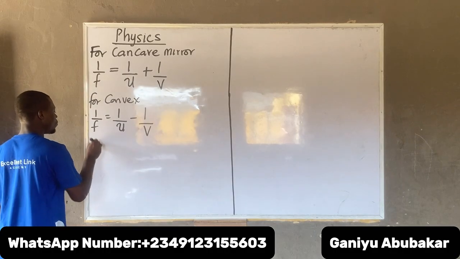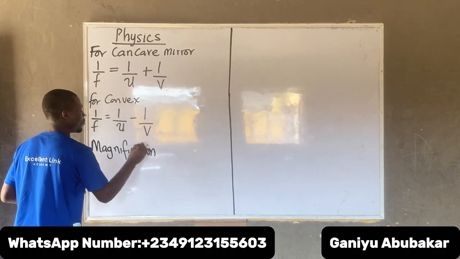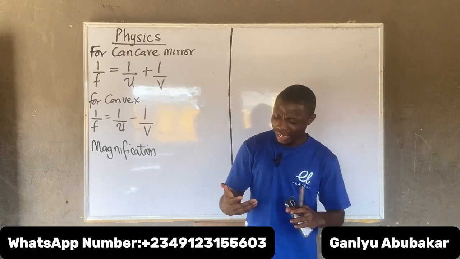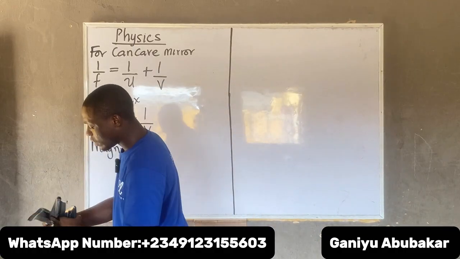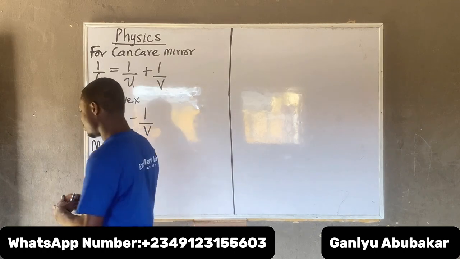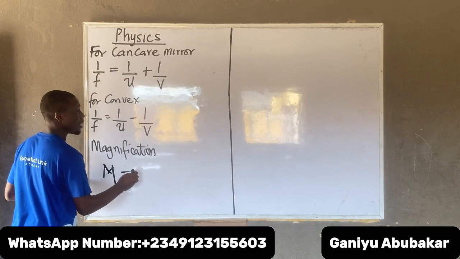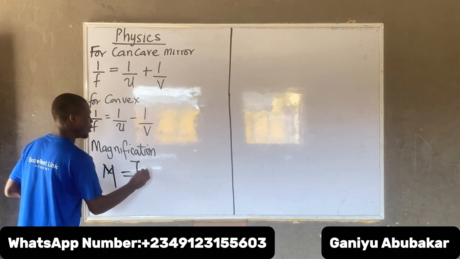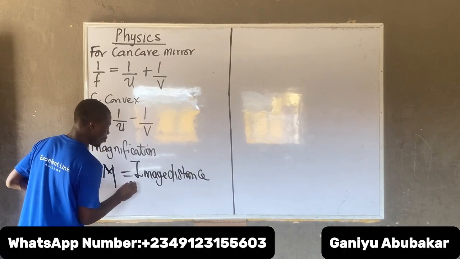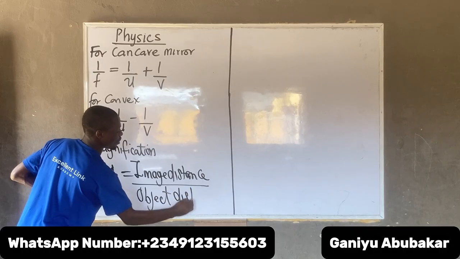Then we look at the idea of magnification. If you attended our previous class, you should know what we mean by magnification. Magnification is represented using capital M. Capital M is equal to image distance over object distance.